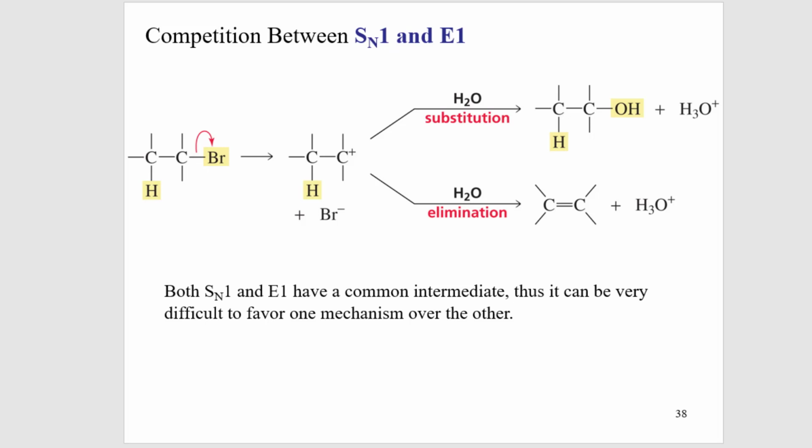One of the things that is important, I'll say it again, is that the SN1 and E1 really cannot be teased apart. Sometimes you can heat a reaction to favor an elimination, driving water off, and Le Chatelier's principle will allow you to move more towards the elimination product. But again, when you see SN1, you typically see E1 as well.